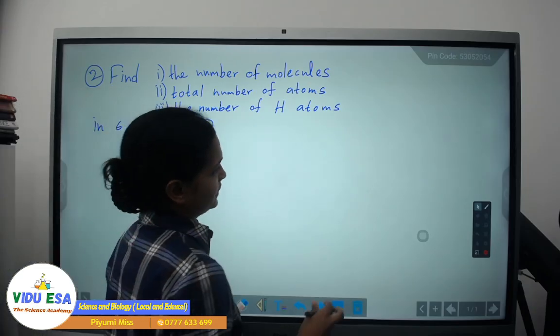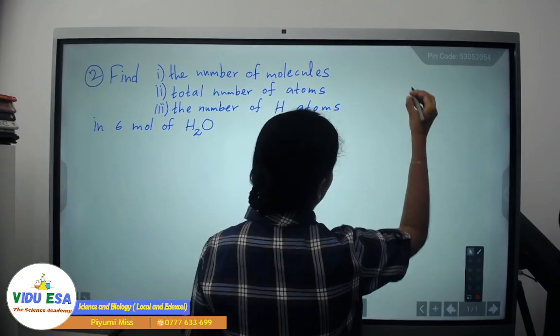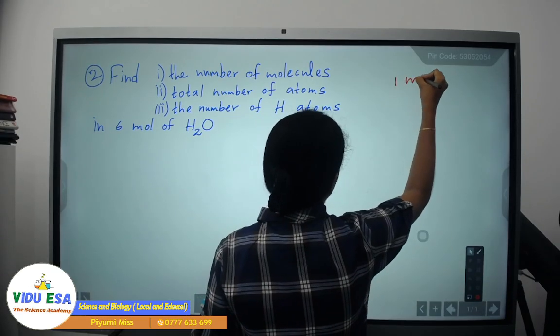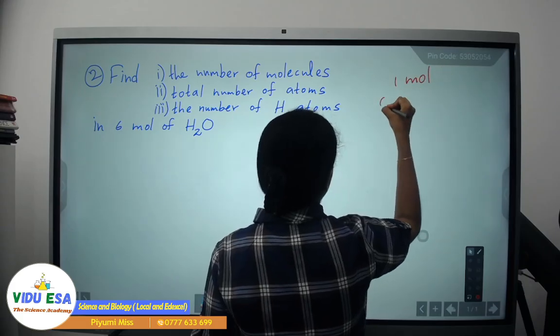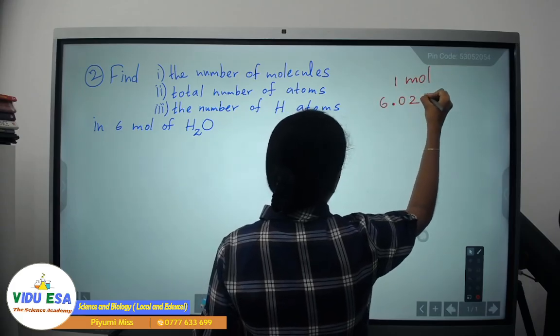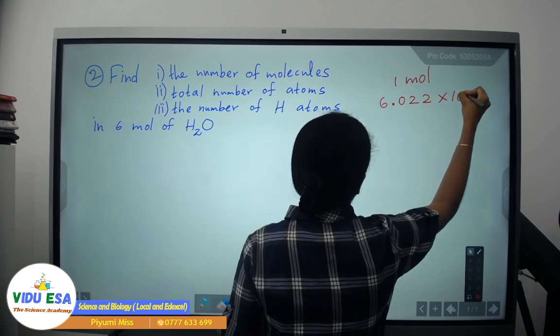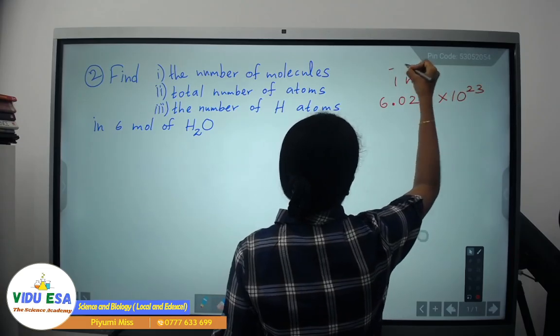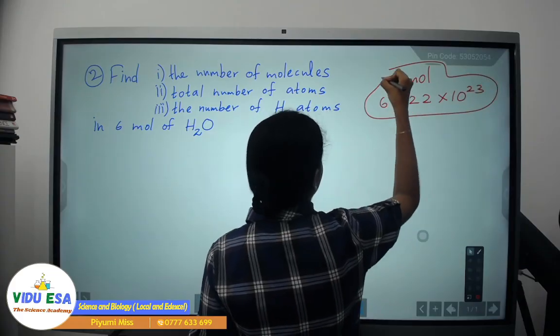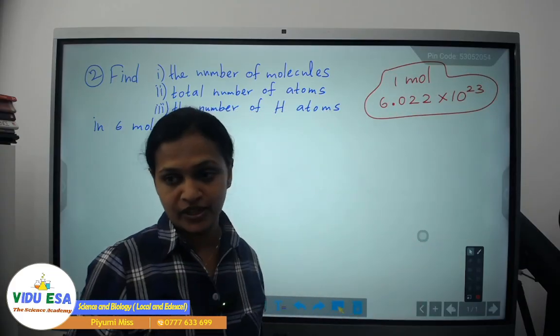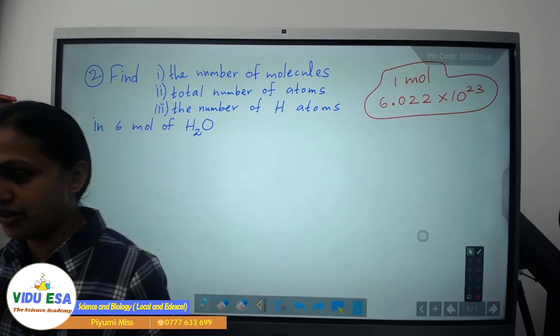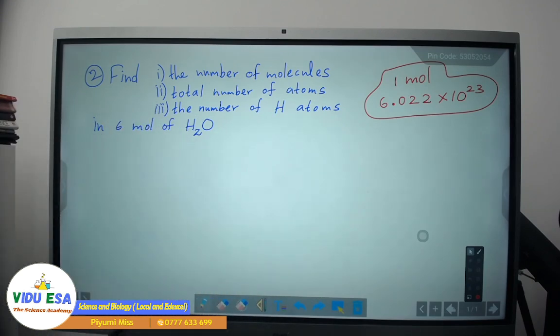So, you know the concept of mole now. 1 mole means 6.022 into 10 to the power 23 number of basic units, right? That is a mole. 1 mole is 6.022 into 10 to the power 23 number of basic units. You have to keep it in mind.